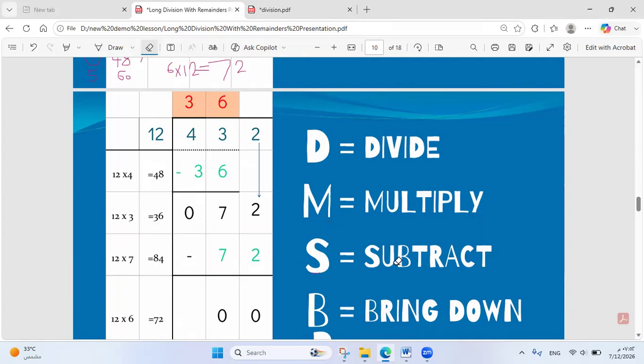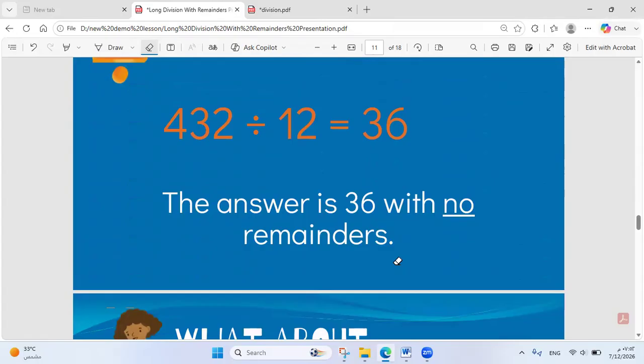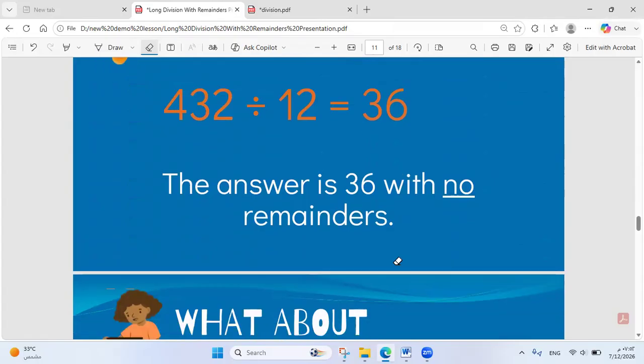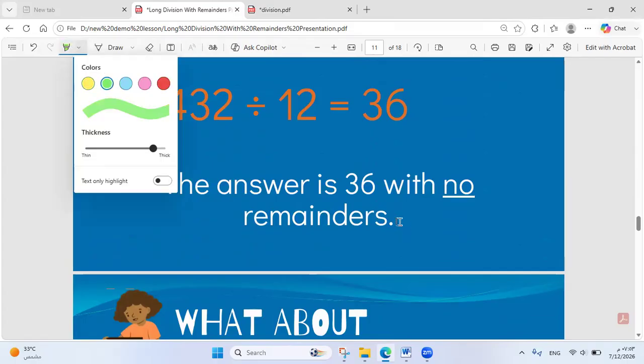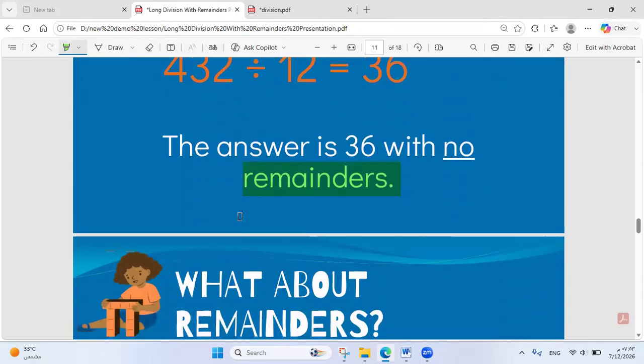Let's see another, new question here. Here we write 432 divided by 12 equals 36. And in this question, there is no remainder. What is the remainder? If you remember, the remainder is the leftover of the division operation.